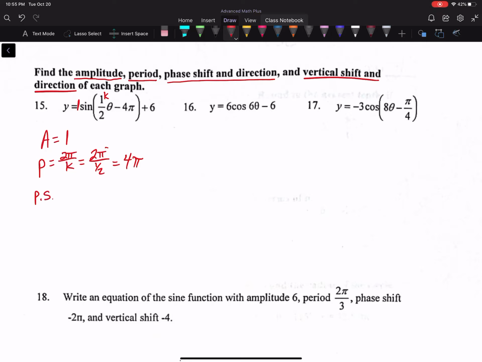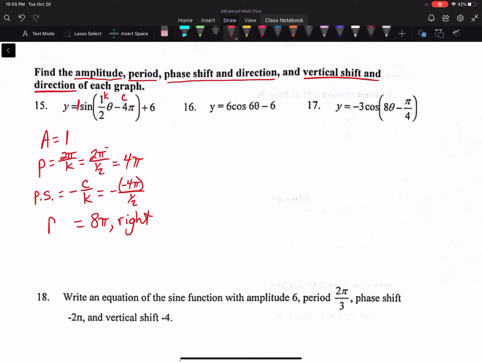My phase shift is -c over k. C for this problem is -4 pi. So -(-4 pi) divided by k, again 1/2, would be positive 4 pi divided by 1/2, which is 8 pi. And since it's positive, that's going to the right.